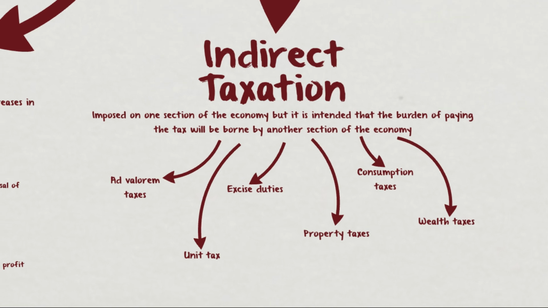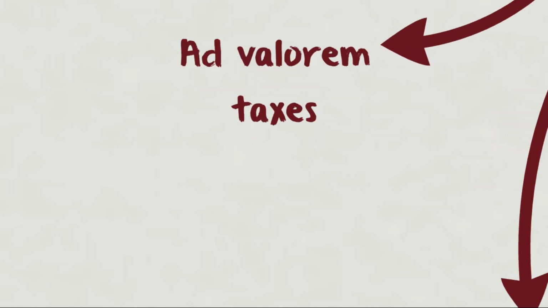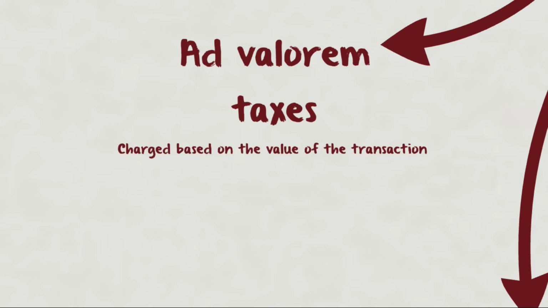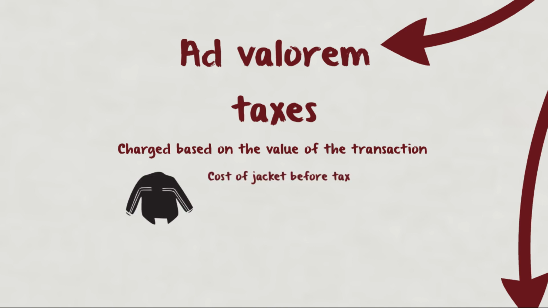Let's look at each of these in more detail, starting with ad valorem taxes. Ad valorem taxes may also be known to you as value added tax, VAT, or sales taxes are also an example of ad valorem taxes. Ad valorem tax is simply a general term for any tax which is charged based on the value of the transaction. For example, let's say that a jacket, before tax, costs $45 to the retailer.